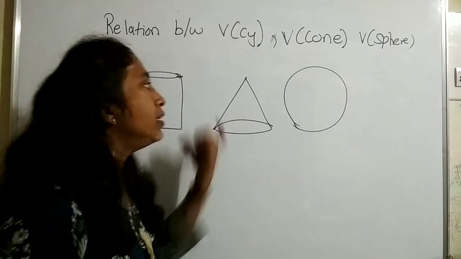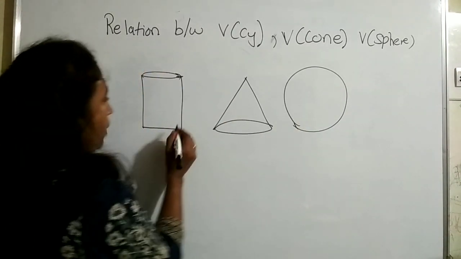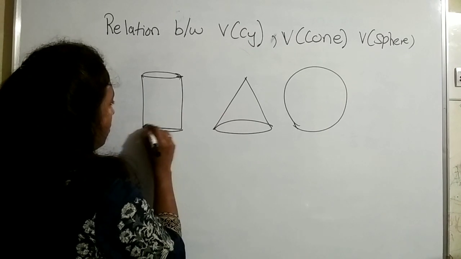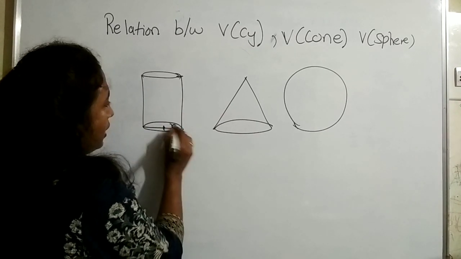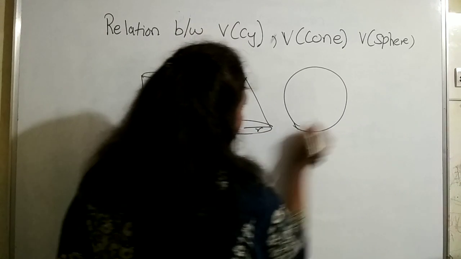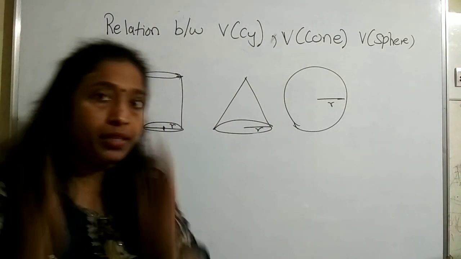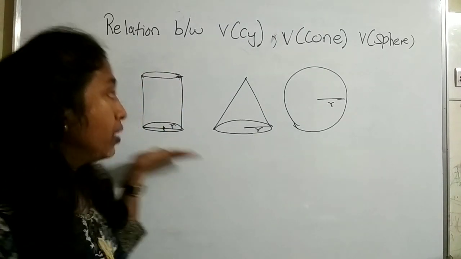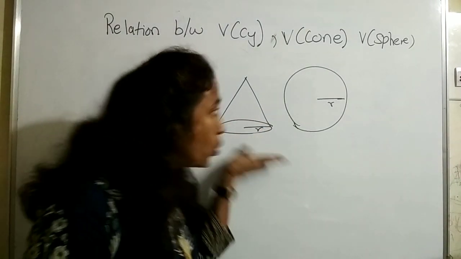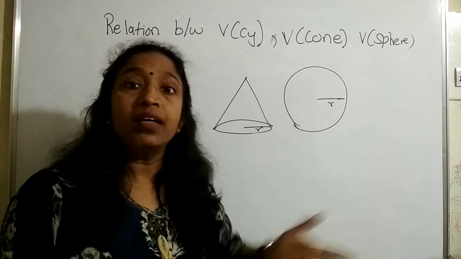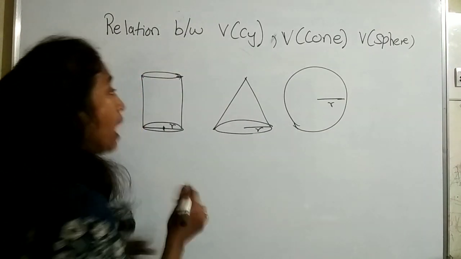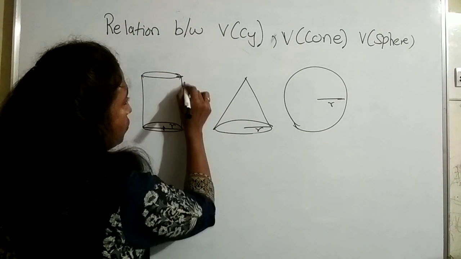If you have a cylinder, cone and sphere of the same radius, please don't ignore my diagram, it's not that neat, and the height is also the same.